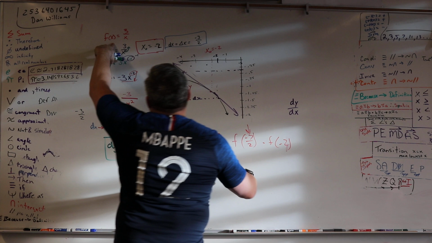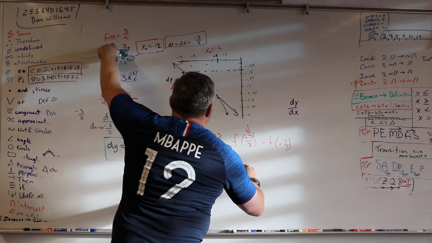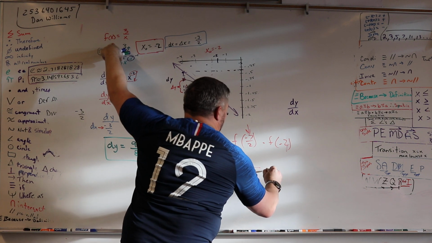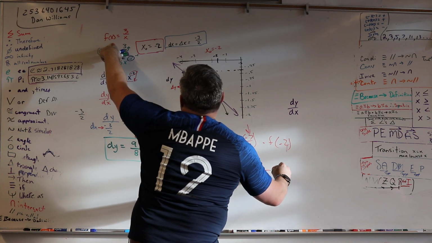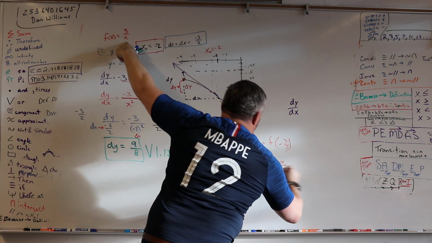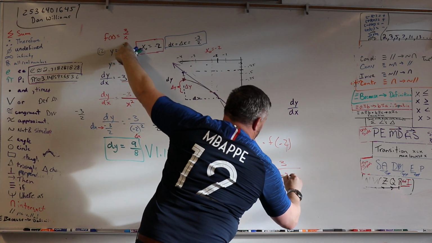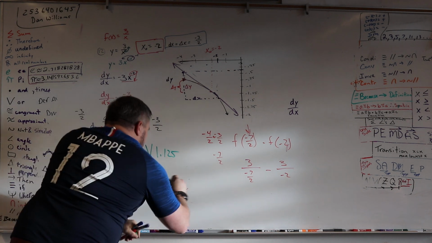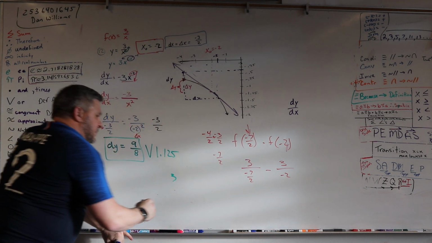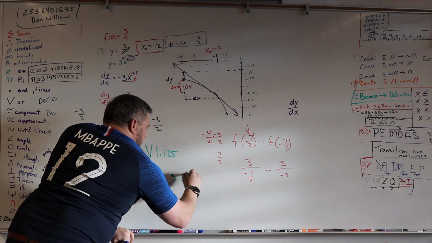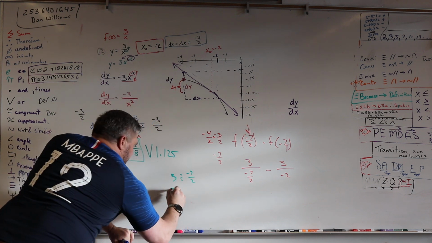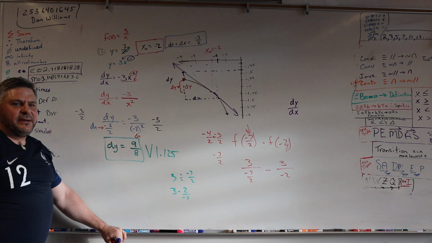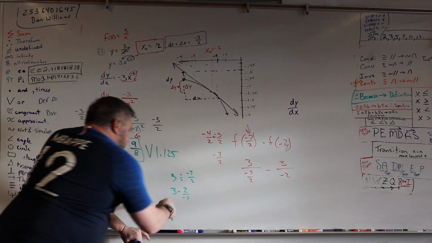Which means you would have 3 over negative 7 over 2 minus 3 over negative 2, right? But when you're dividing, the 3 is divided by negative 7 over 2, it's really 3 times 2 over negative 7, right? So then what do you have?